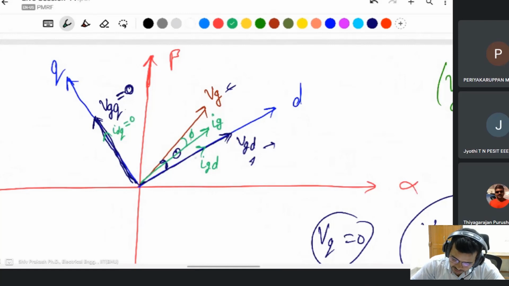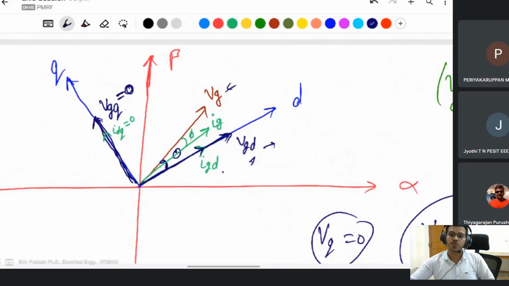In this condition, both VGD and IGD are in the same phase. The angle difference between them is 0. It means at that time the reactive power will be 0, because the angle difference is 0, and reactive power is VI sine phi, sine 0 is 0, so only active power is there.